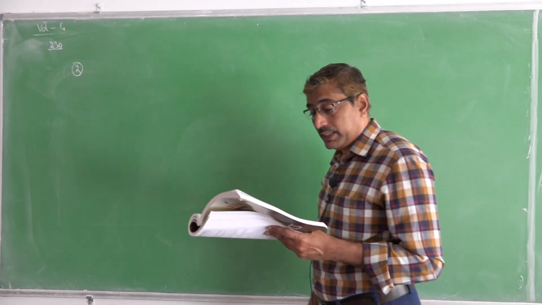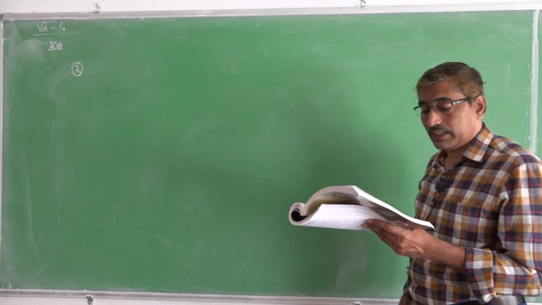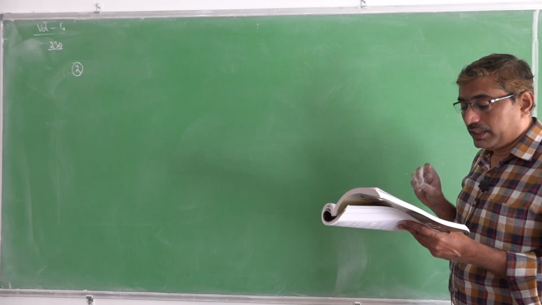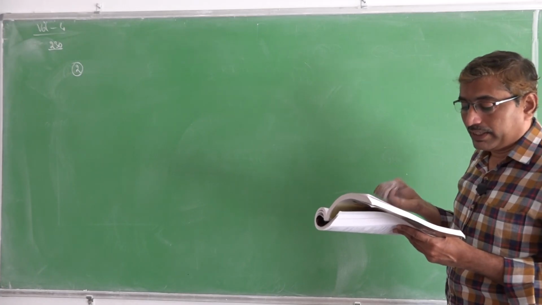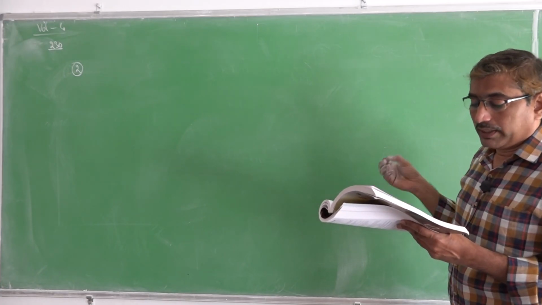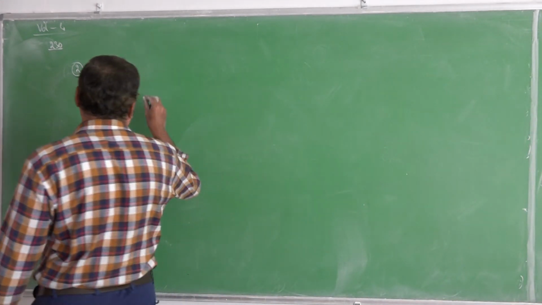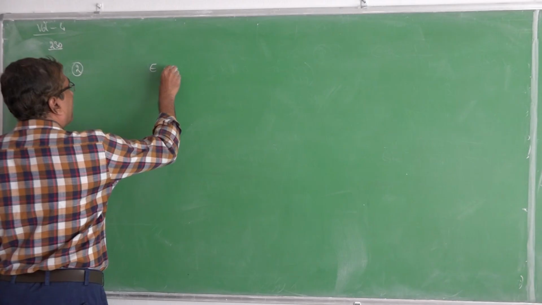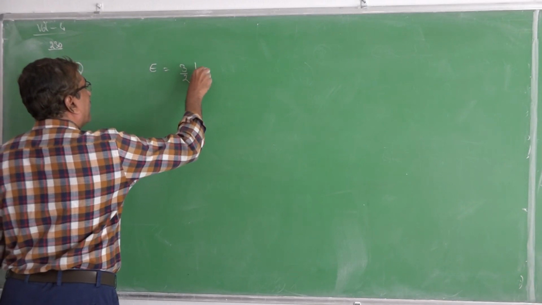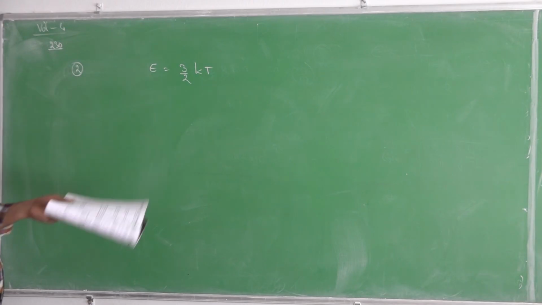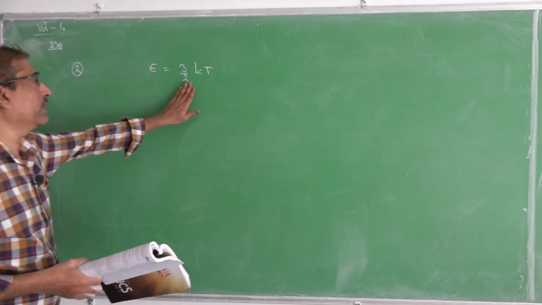So first, the average kinetic energy of a gas molecule is given by 3 by 2 kBT or kT. K is the Boltzmann constant. So the average kinetic energy of a gas molecule is 3 by 2 kT.